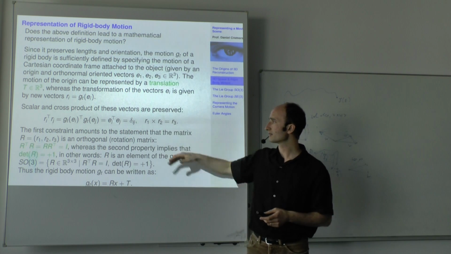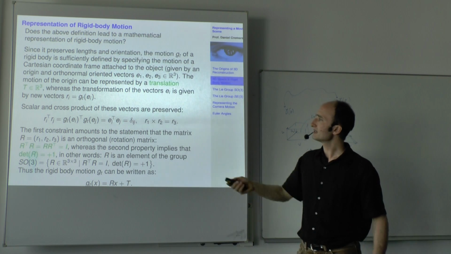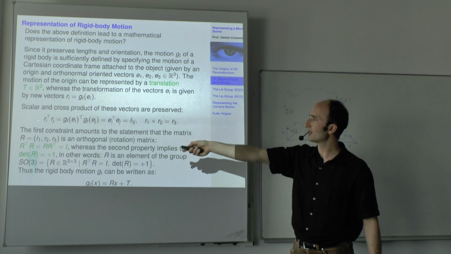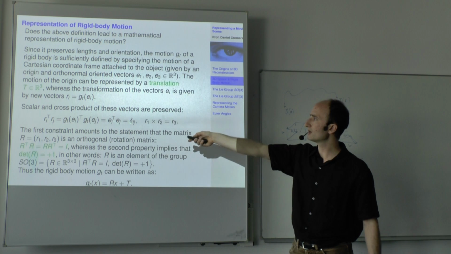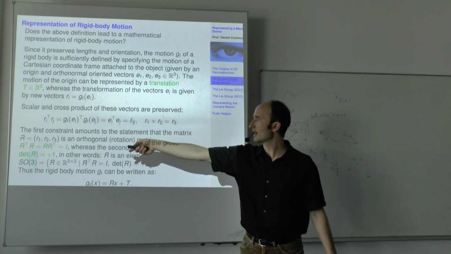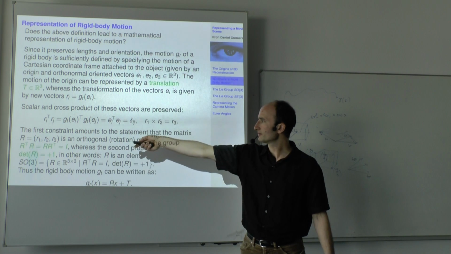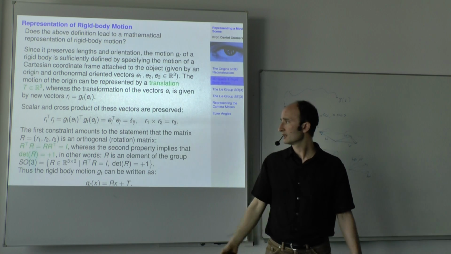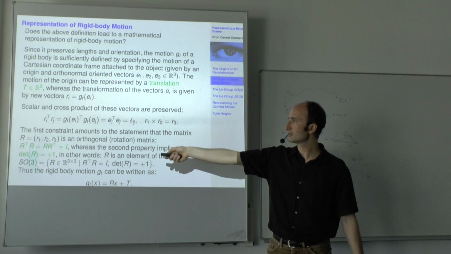This we have guaranteed. And what does that actually mean? If these vectors, say these columns R1, R2, R3, are orthonormal, it basically means that the matrix R that is made up of these 3 vectors is an orthogonal matrix, i.e. R transpose R is the unit matrix.